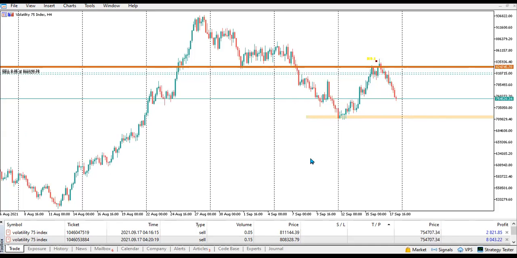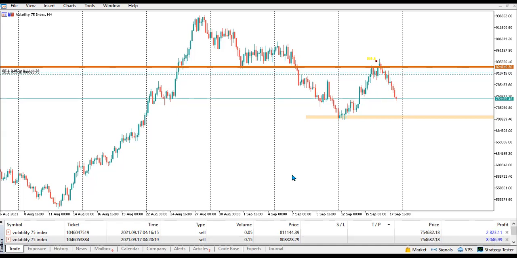That's how they get paid. You don't think these guys are running a charity business here. When you sell, it definitely means that they're buying. So each time you sell, the liquidity provider or the market maker is buying from you. When you sell and price continues to go down, it definitely means the liquidity provider is losing money.